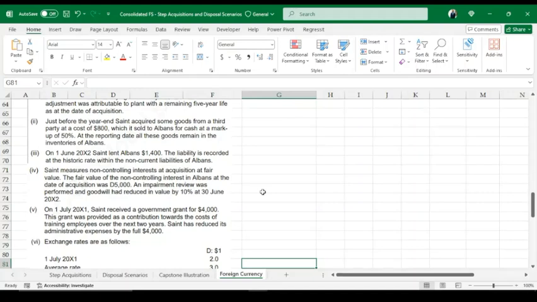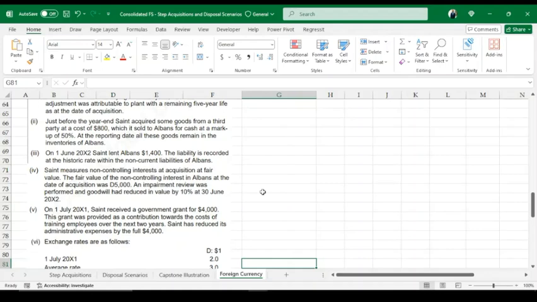inventories of Albans. On 1st June 20X2, Saint lent $1,400 to Albans. The liability is recorded at the historic rate within the non-current liabilities of Albans. Saint measures non-controlling interest at acquisition at fair value. The fair value of non-controlling interest in Albans at the date of acquisition was $5,000.